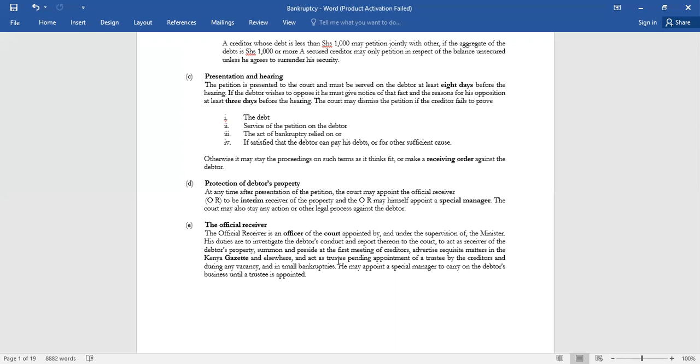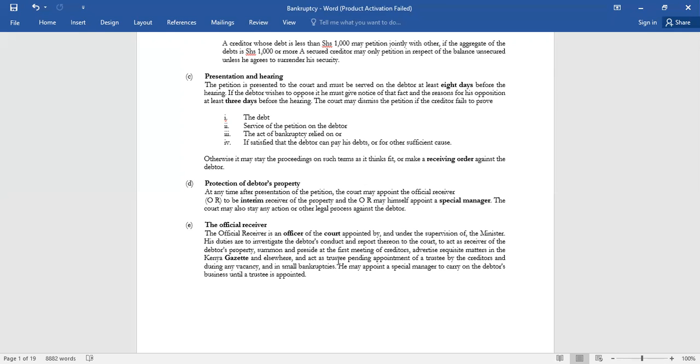So the OR will be acting as a trustee pending an appointment of a trustee. So he'll be the interim trustee of the creditors. And as soon as the creditors go ahead, we'll see how the trustee is appointed. If you have, let's say, eight creditors, 3/4 of them must agree that you've appointed this person to represent us.